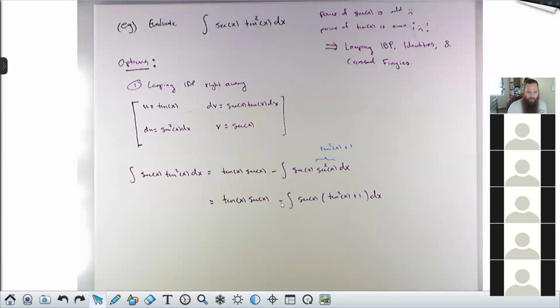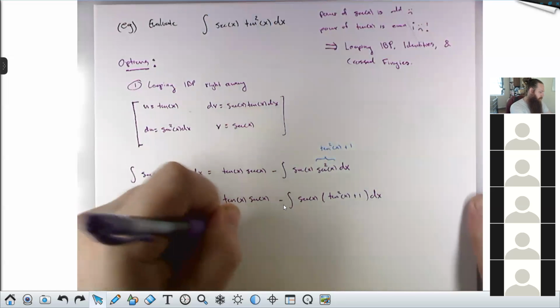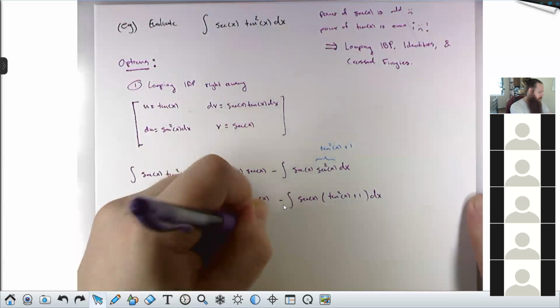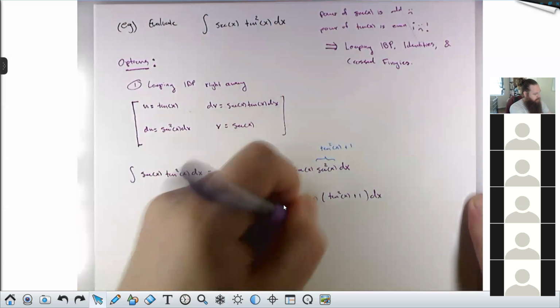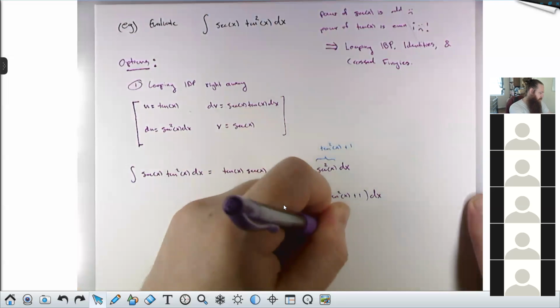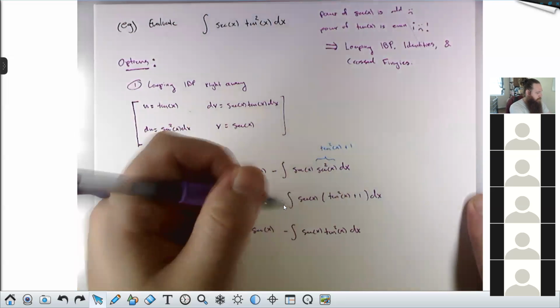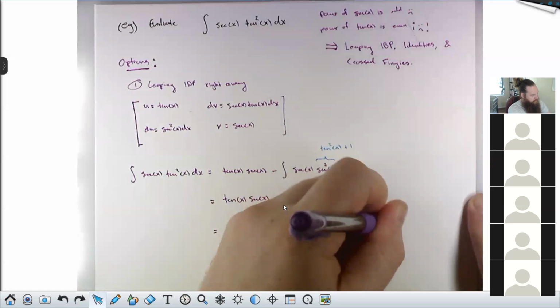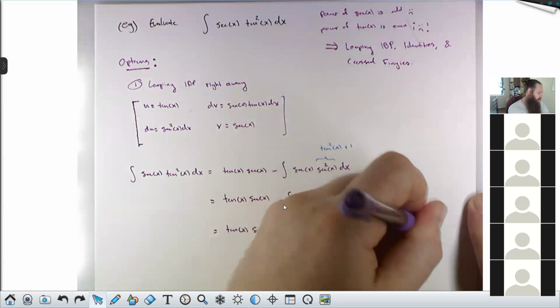Splitting up that integral and distributing this negative gives me tangent x times secant x minus the integral of secant x tangent squared x dx minus the integral of secant x dx.